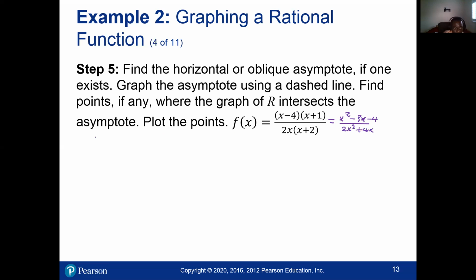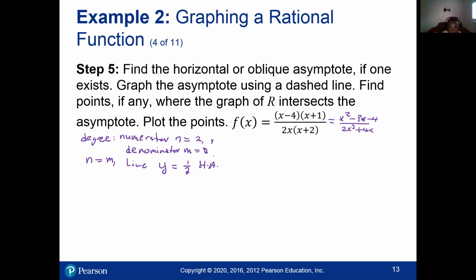So the degree of the numerator n is 2, and the degree of the denominator m is also 2. So here's a case where n is equal to m. And so the line y is equal to the leading coefficients, which is 1 over 2, is your horizontal asymptote. Now, a rational function cannot have both horizontal and oblique.